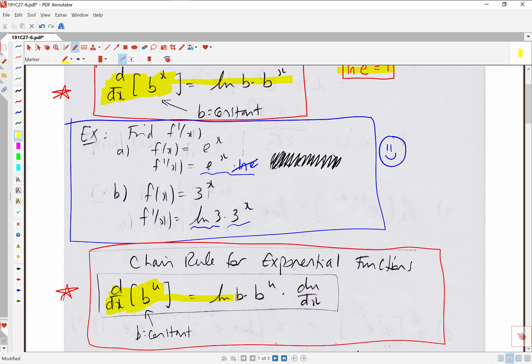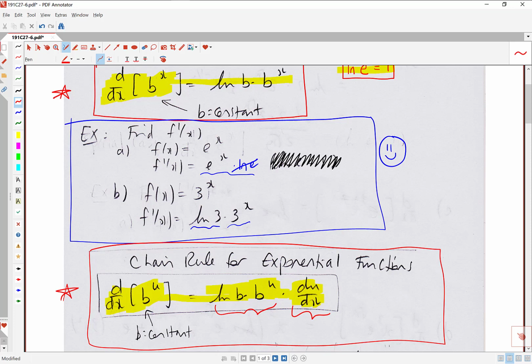So the formula is you take ln b times b to the u, and then you multiply by du by dx. So what this is doing is taking the derivative of the outside function, being the exponential function, and then you multiply by the derivative of the inside function, which is actually your exponent.